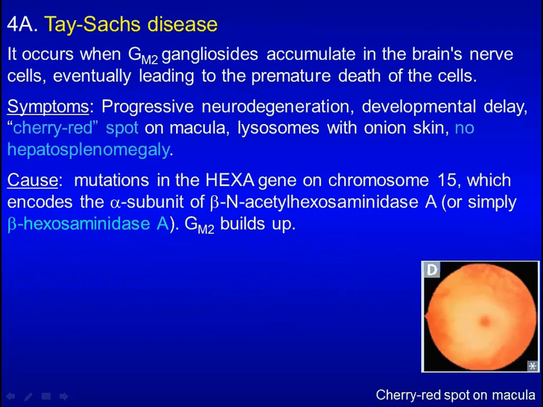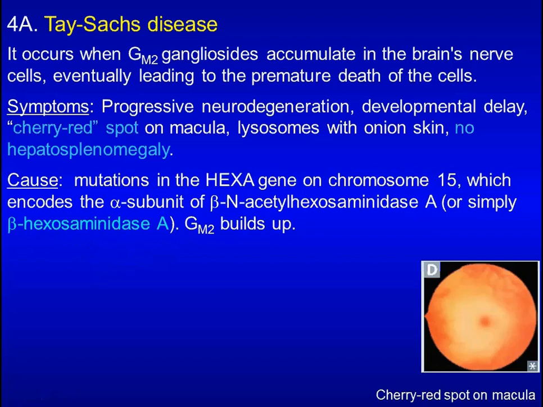Here is Tay-Sachs disease. Mutations in the HEX-A gene cause deficiency of the alpha subunit of beta-hexosaminidase A. GM2 builds up, leading to premature death of the nerve cells. Symptoms include progressive neurodegeneration and developmental delay.